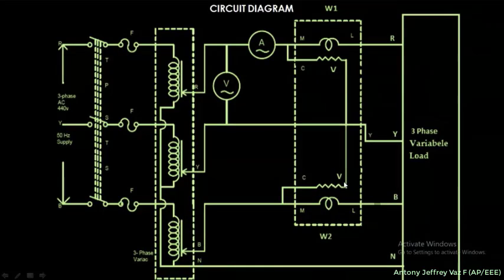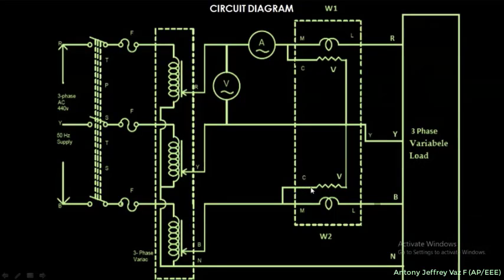Similarly, coming down over here, you see the same wattmeter setup. There is a current coil as well as a pressure coil. The current which is flowing from the B phase is directly connected to the current coil and it is delivered to the B phase of the load. Similarly, there is a pressure coil and this pressure coil should be connected in parallel.